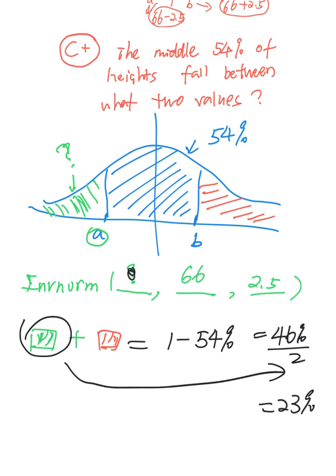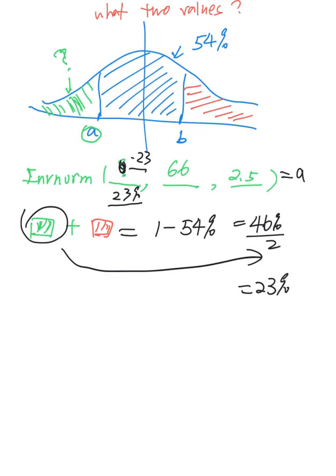So I can use the inverse norm with 0.23 or 23%. You can input the decimal number or the percentage as your first input, and then the mean and standard deviation. It will give you the value of A. Okay, that makes sense?